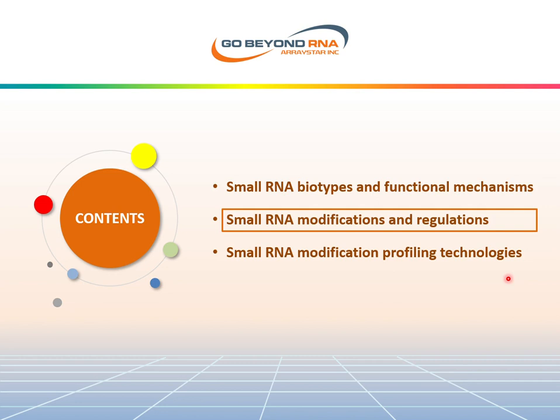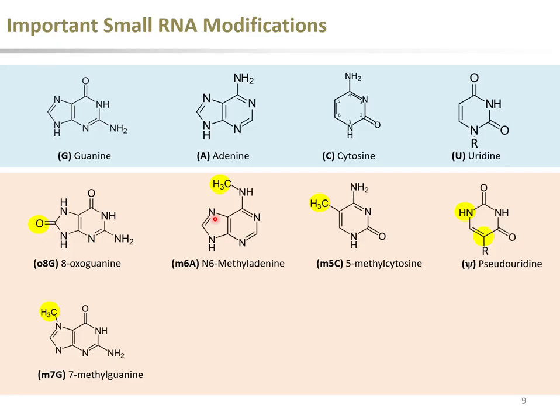Now let's move on to the very important biological features of small RNA modifications. As shown on the top, unmodified RNAs have unmodified bases of G, A, C, U. As shown at the bottom, the bases and ribose in small RNAs can be modified by chemical groups.